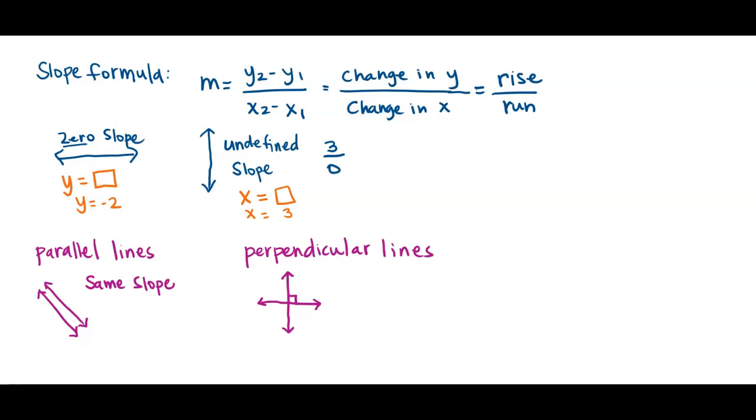Does anybody remember what that is? Negative reciprocal. Okay, so slopes are negative reciprocals, or sometimes called opposite reciprocals, whichever way it resonates best with you.